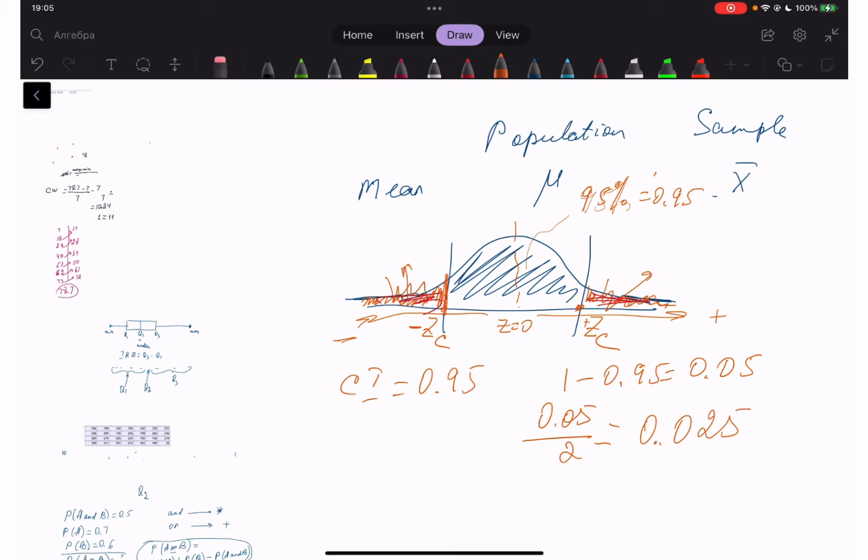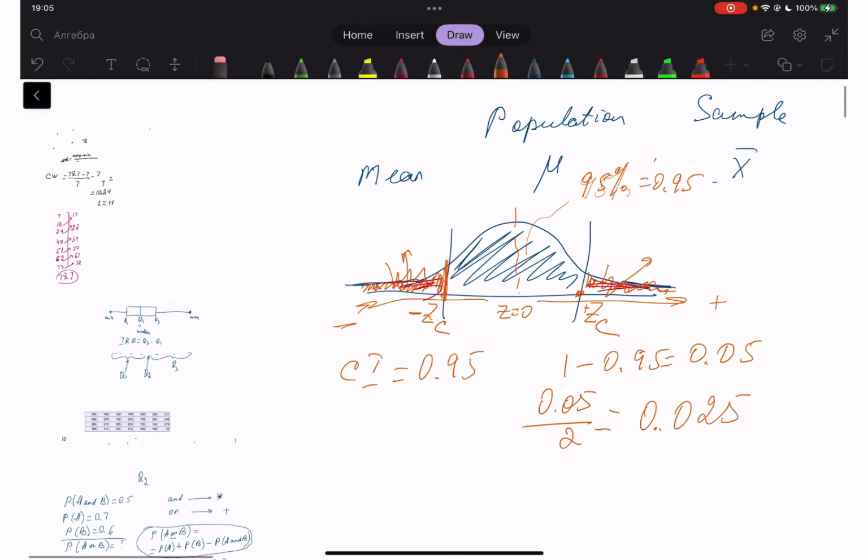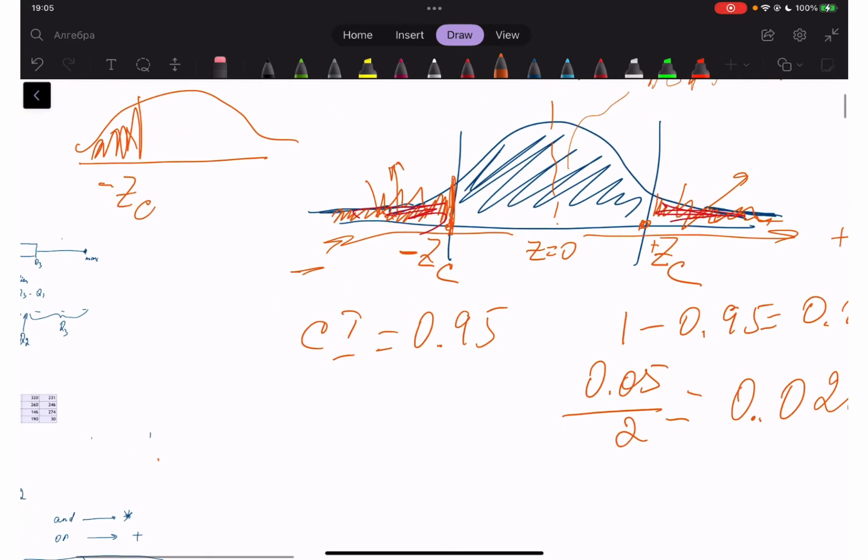0.025. Now, here is the thing, because our Z-score table always shows to the left, if I try to find Z critical, this one is going to be negative Z critical to the left. But if I take Z critical to the right, I mean positive Z critical, it's going to show the whole confidence interval and the other tail also, because it shows to the left. And then we need to subtract this area from 1.